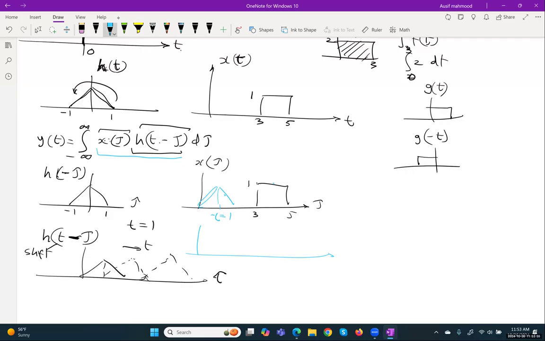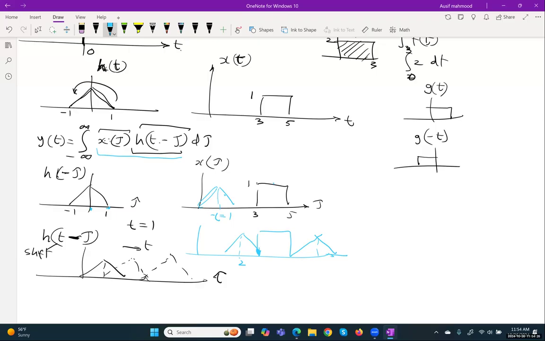Only when it reaches t equal to 2, right? Because remember, it's one more over here. Then there will be an overlap, right? So from t equal to 2 up to, let me see, what will be the value of t once it has passed this?